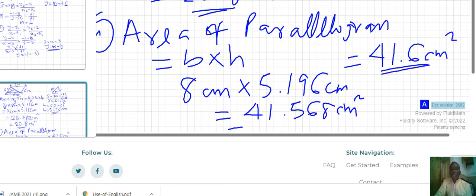And that is what we are going to get as the area of the parallelogram.